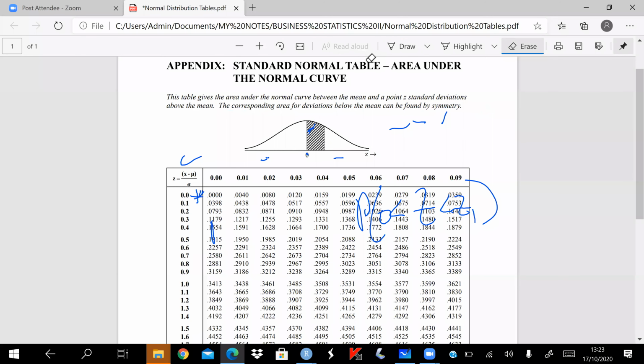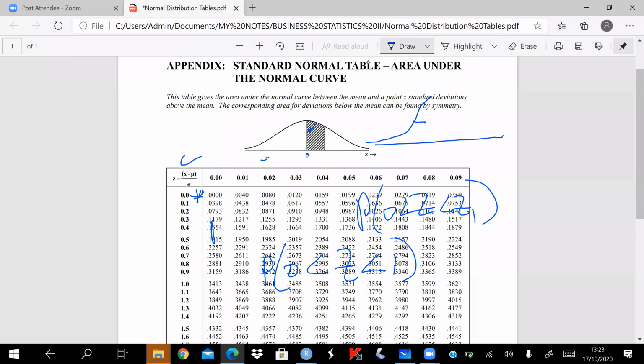So these tables are giving you areas for the probability that Z is bigger than 0 but less than some positive value of Z here. For instance, if you need the probability that Z is bigger than 0 and less than 1, you're talking about this area, between 0 and 1.